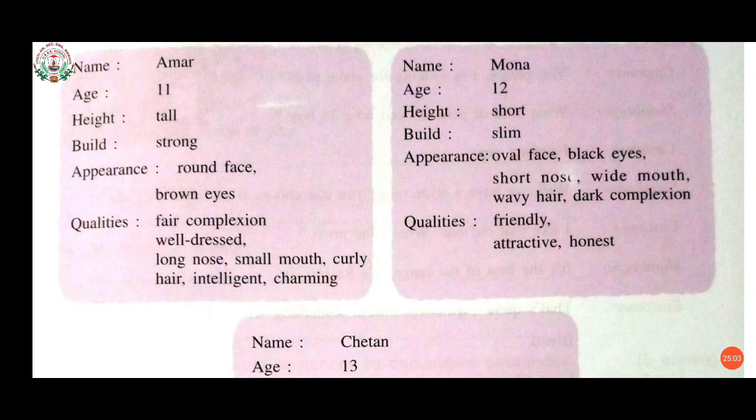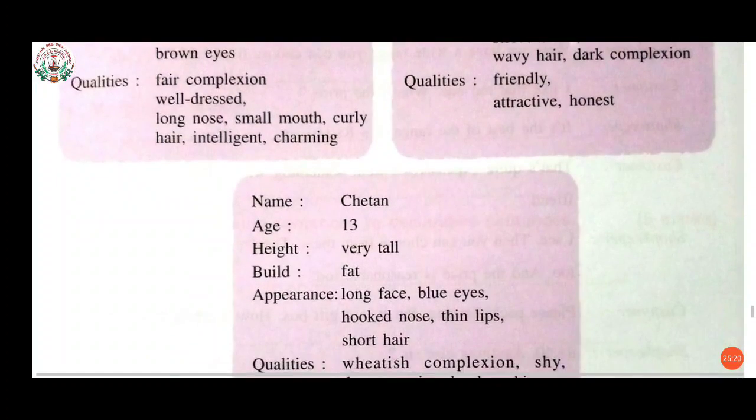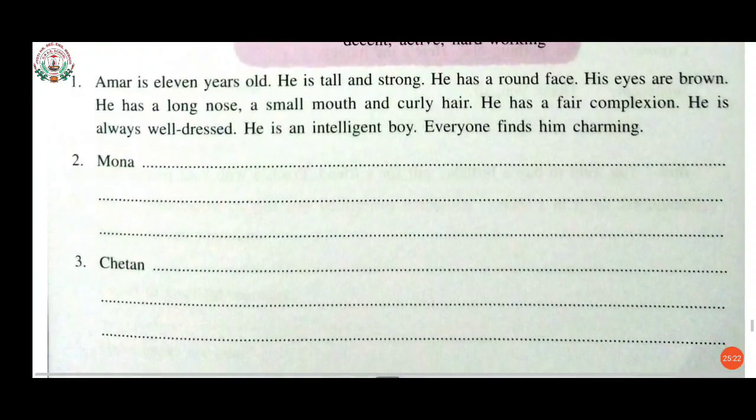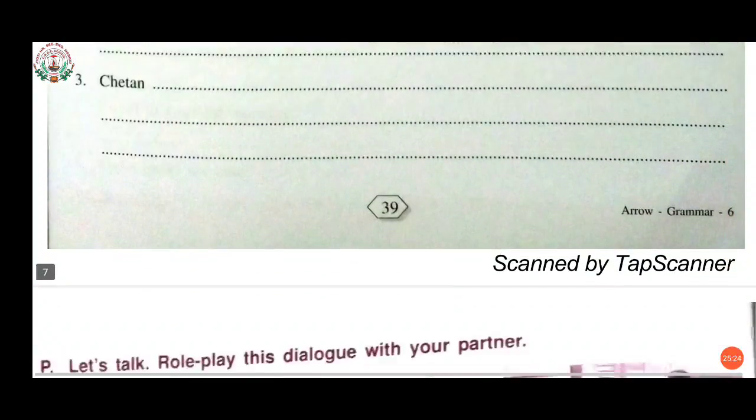She has an oval face and black eyes, or her eyes are black. She has a short nose, wide mouth, and wavy hair. She has a dark complexion. Like this, you have to complete the second and third one.